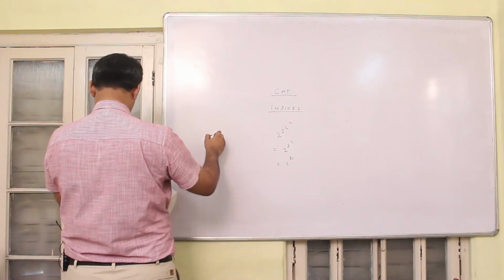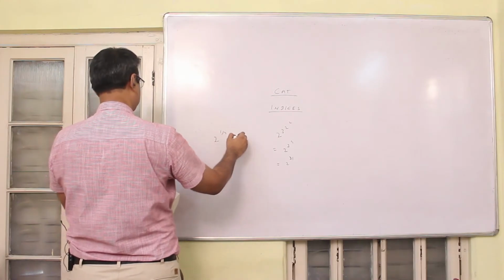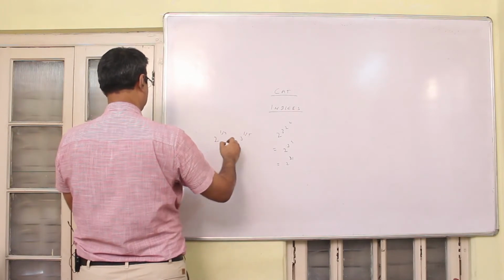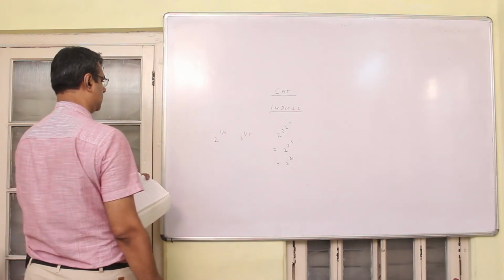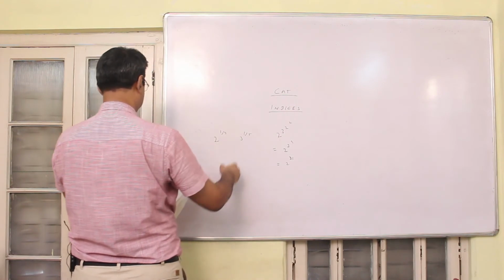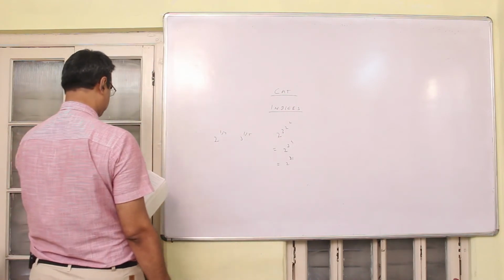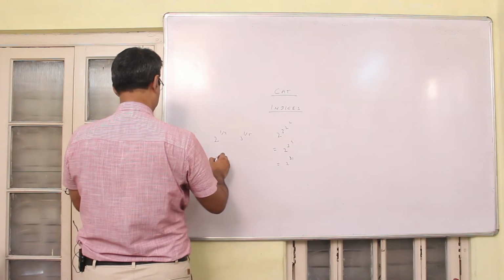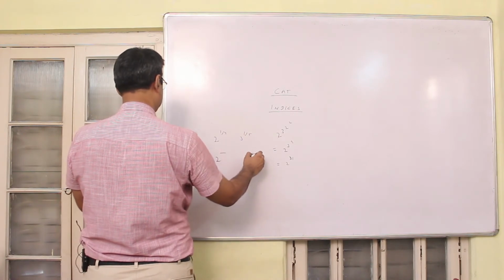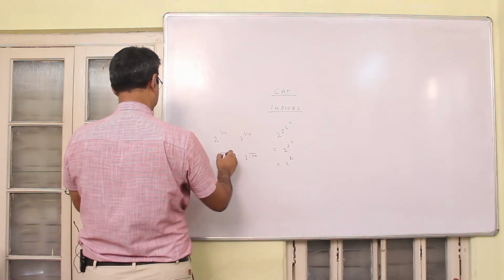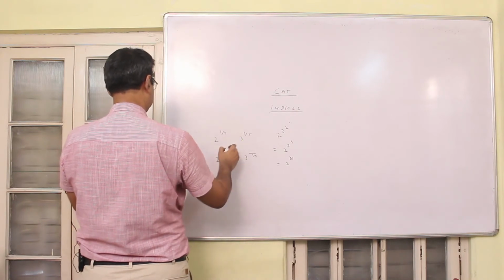Now suppose you are given two indices and asked to compare them, say 2 to the power 1 by 4 and 3 to the power 1 by 5. To compare them, you consider the LCM of 4 and 5, which is 20.